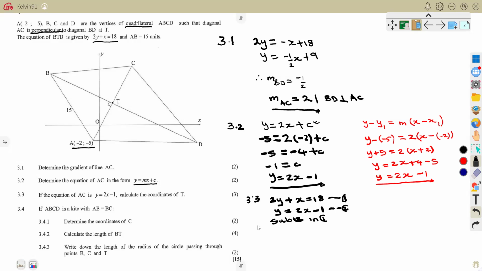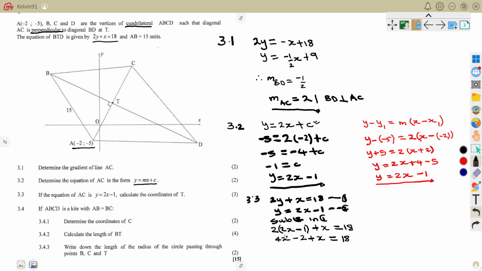So it therefore means that we are going to have 2, where there is y, we substitute 2x minus 1. Then we have plus x being equated to 18. When we simplify that, we are going to have 4x minus 2 plus x equal to 18.